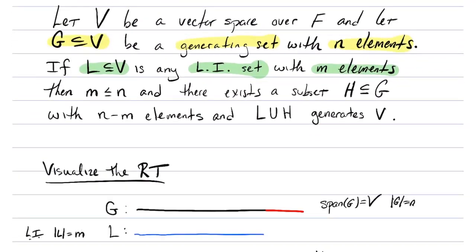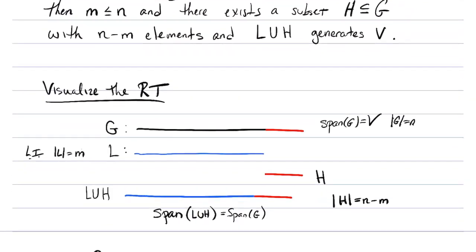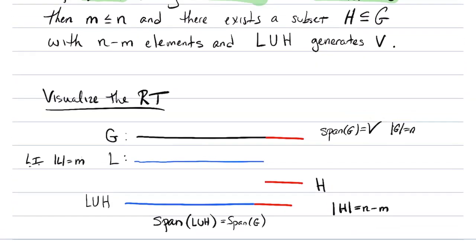Here I've drawn, this isn't the most exciting picture you're ever going to see in your life, but this is kind of how I visualize this theorem. So I'm given this set G, I'm visualizing it in this picture like it's this line, and the length of it is kind of the number of its elements. It has n elements, it spans. And then we're also given this set L, it has m elements in it, it's linearly independent.